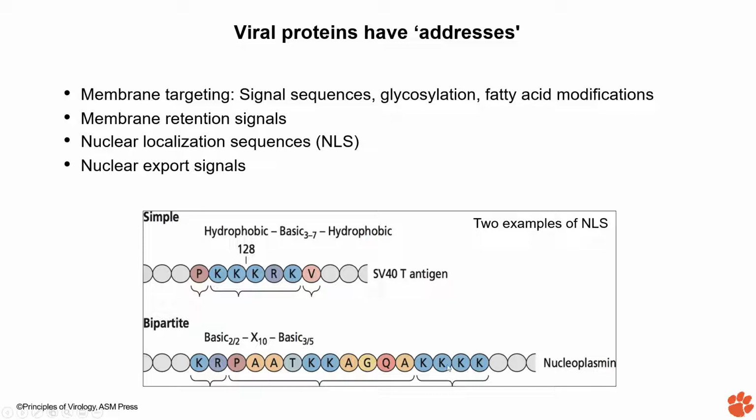On the other hand, nucleoplasmin is another protein which has a bipartite NLS. So what you are looking at is a stretch of basic amino acids, then random amino acids, followed by another stretch of basic amino acids. See that the lysines and arginines are in there, and you have these random amino acids in here.